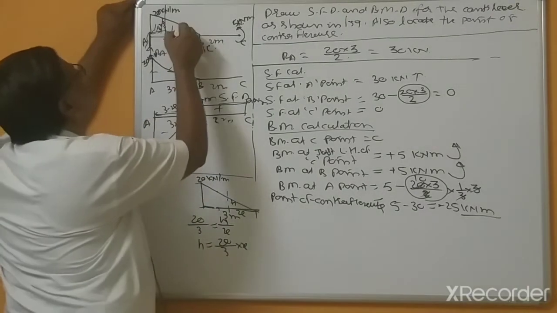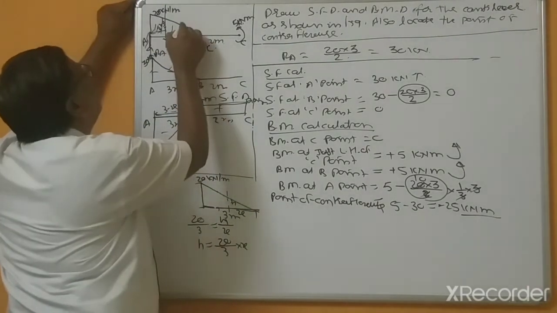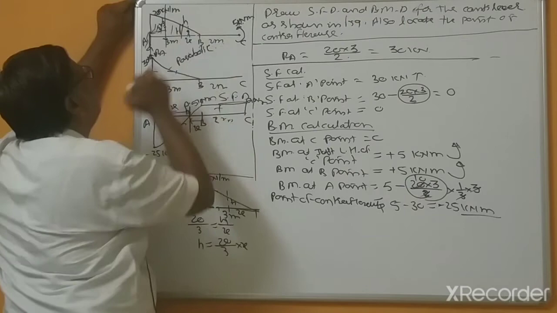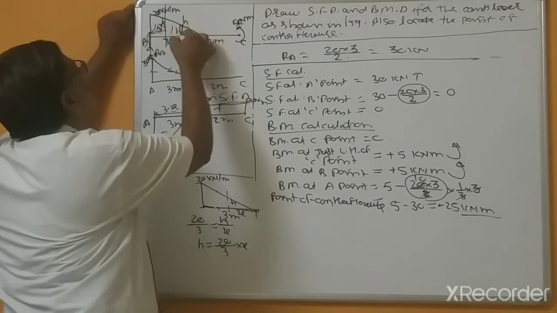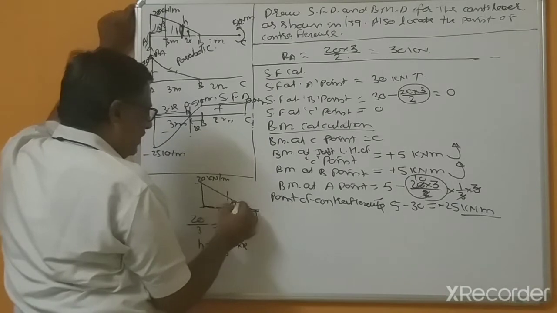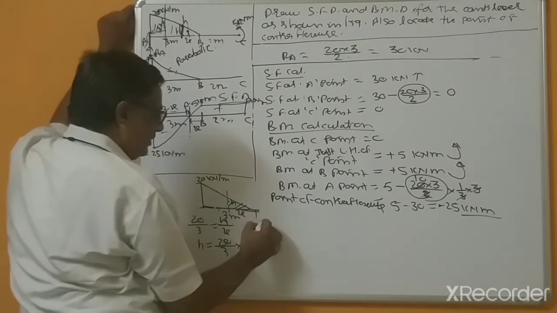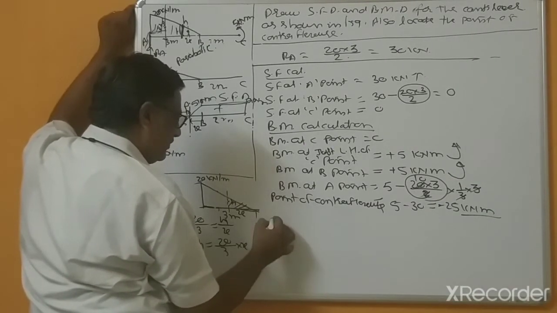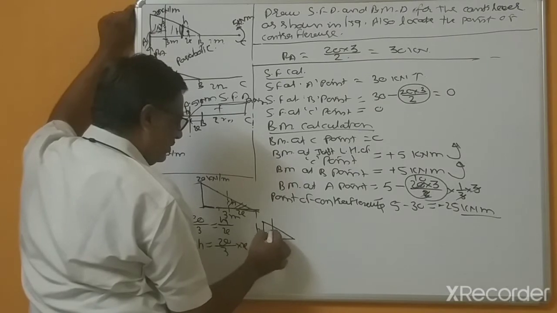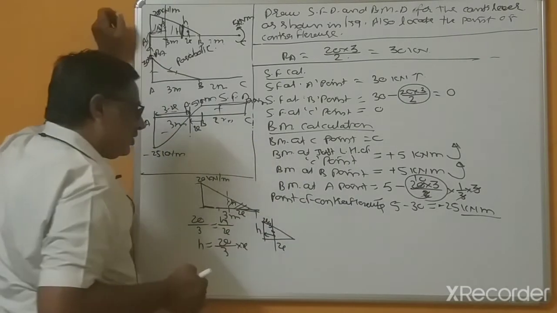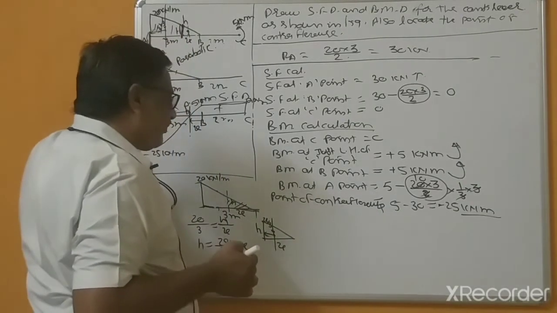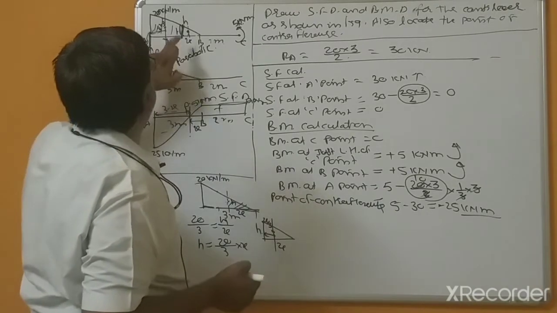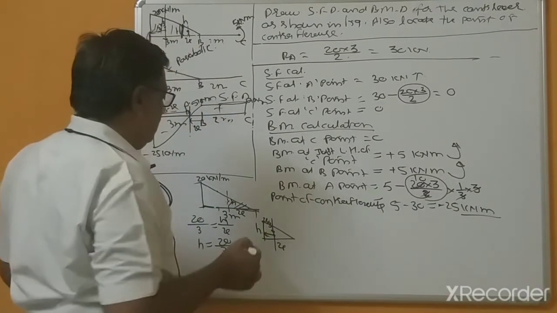So we are interested in this height, into the center of gravity. Try to understand this. We are interested in these areas. This is h and this is x, and this distance equals x third, because 1/3 of the distance is the center of gravity. And bending moment about this point equals 0.